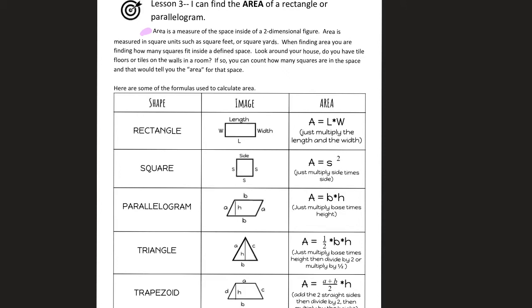So for a rectangle, the area is the length times the width. Okay, and you just multiply them together. We also call the length the base sometimes, and width is also sometimes called the height.